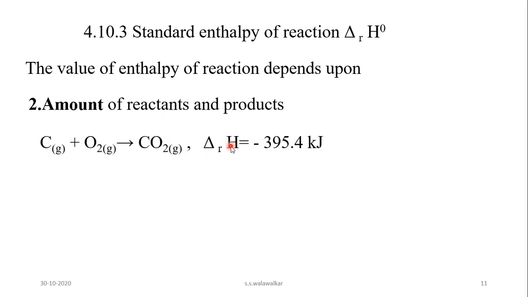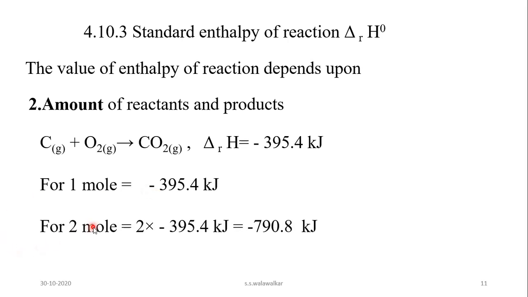See here again a chemical reaction. Carbon in a solid state plus O2 in a gaseous state gives you carbon dioxide, and this reaction is for 1 mole. For 1 mole, how much amount of heat is evolved? Minus 395.4 kilojoules. This much amount of heat is evolved.